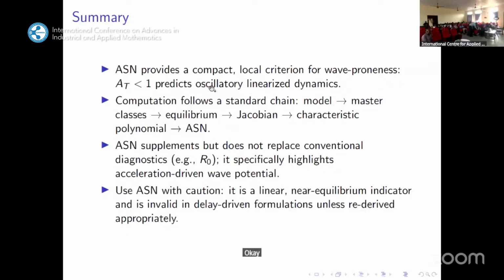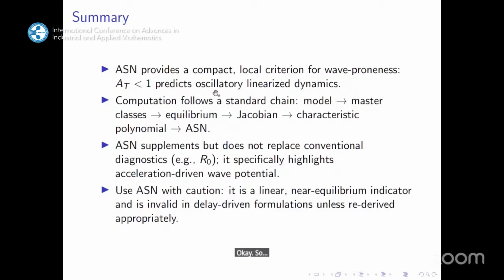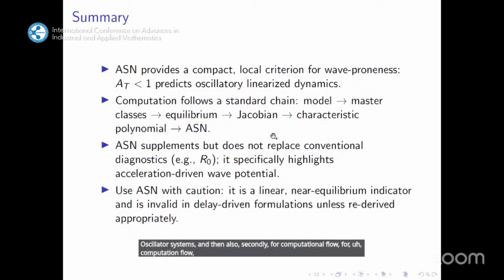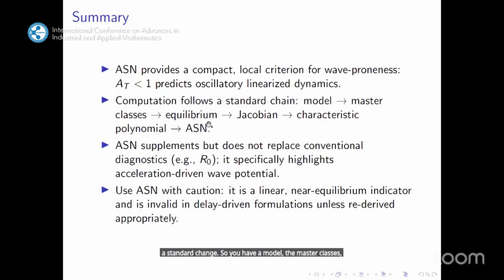Okay, in summary, the Atangana Strength Number provides a compact local criterion. So it predicts oscillatory linearized systems, and secondly it is useful for computation flow and standard chain. So you have a model, the master class, the equilibrium, the Jacobian, the characteristic polynomial, and then the Atangana strength number. The Atangana strength number supplements but does not replace conventional diagnostics like the R0.